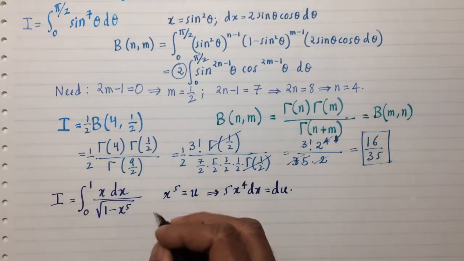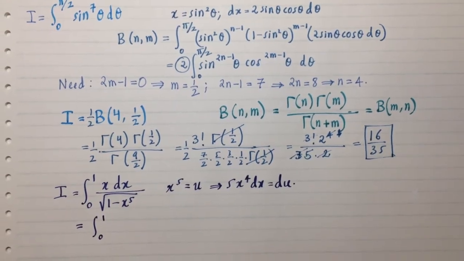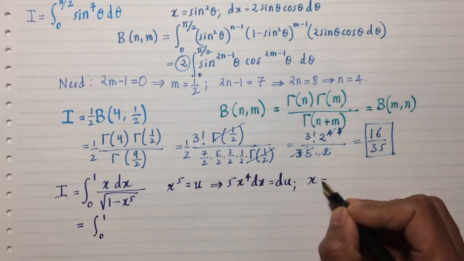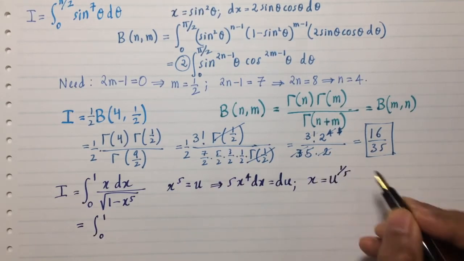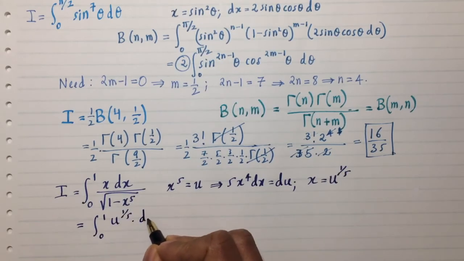So let's write this in terms of the u function. So I get integral 0 to 1. x is now u to the 1/5 times du.